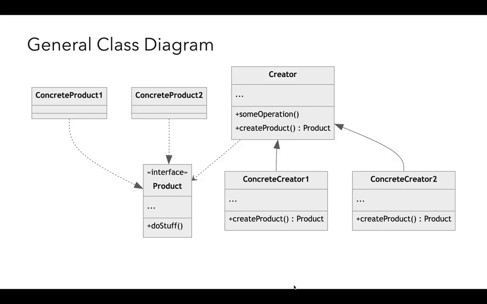So we have the product interface and two concrete product classes, subclasses. And we have the creator class, which will have the create product method that returns the product interface, and some other operation. We also have the two more subclasses for concrete creator classes.